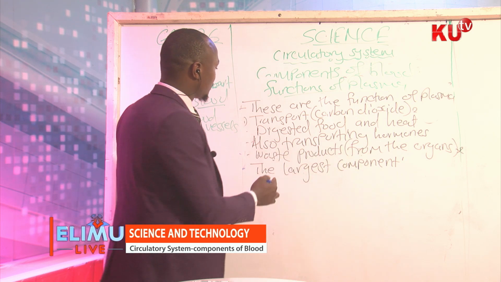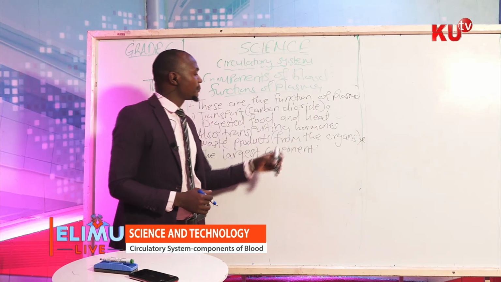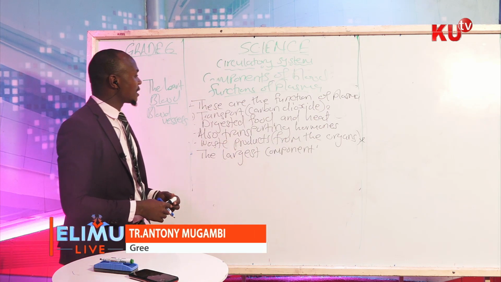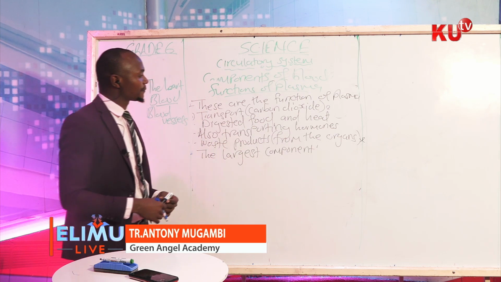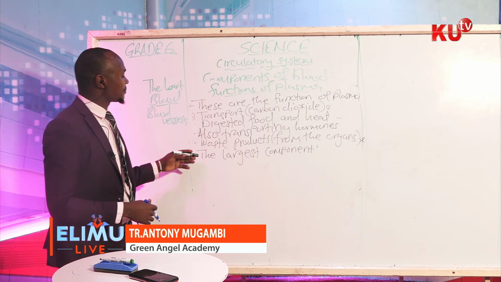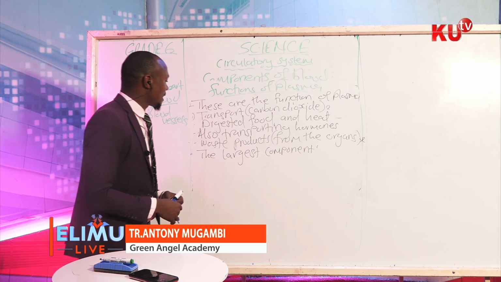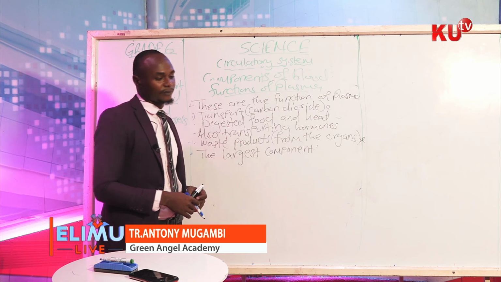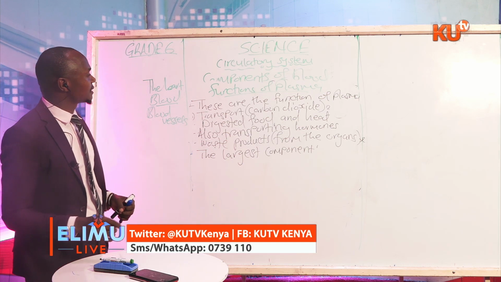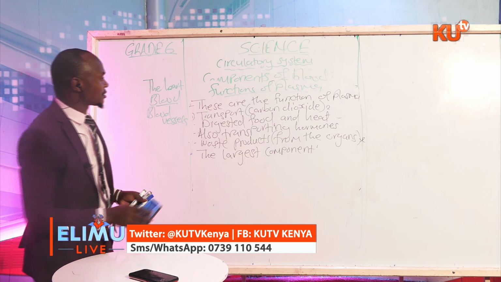We have talked of the transport of the waste products from the body organs, that is the excretory organs where the waste product is produced. And finally, we said that the plasma is the largest component of the blood that we have. So learners, those are the blood components and their functions.